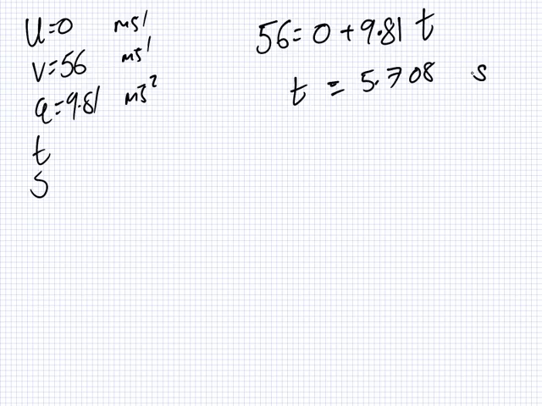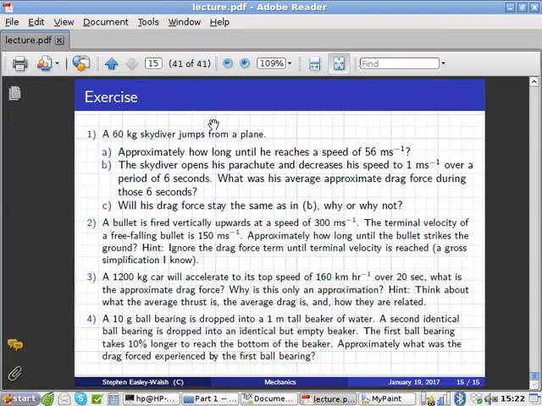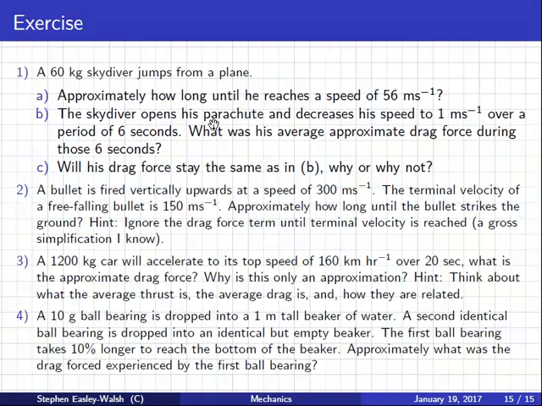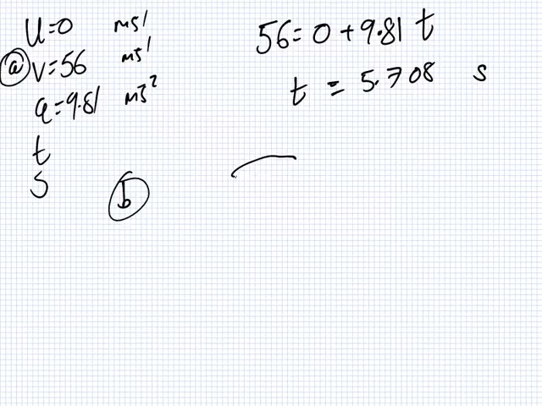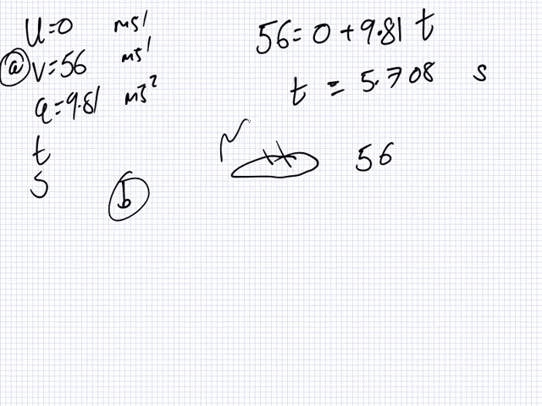Right, part B. He opens his parachute and goes from 56 to 1 over 6 seconds. What's the drag? So he's fallen at 56. He opens his parachute.